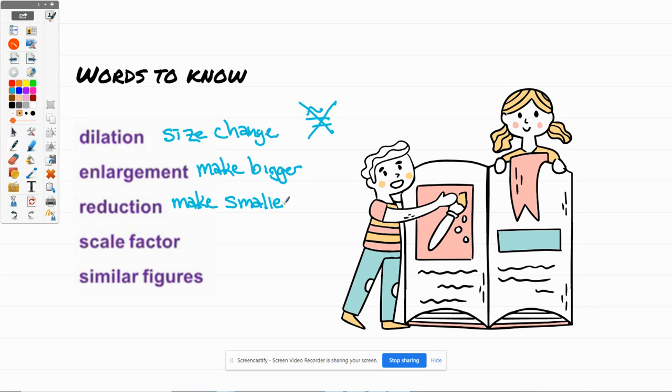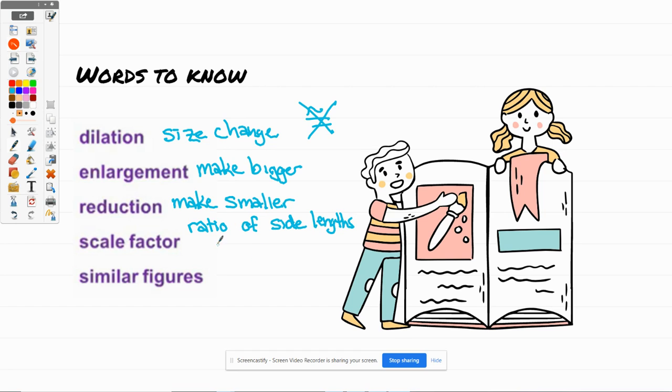The scale factor is a ratio, which means a fraction, of side lengths.